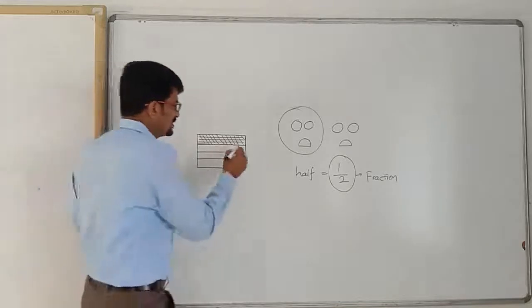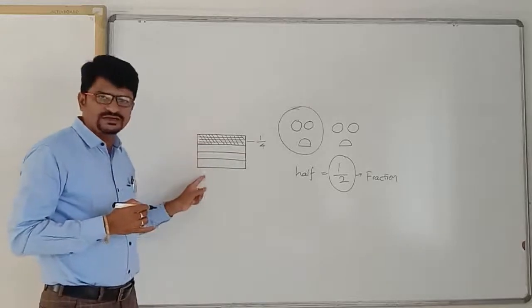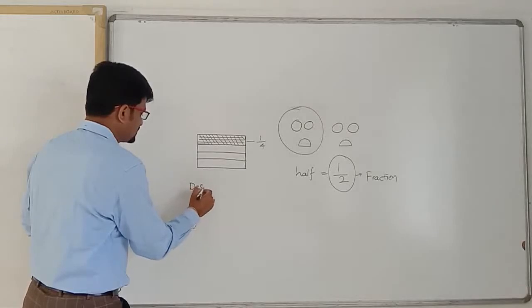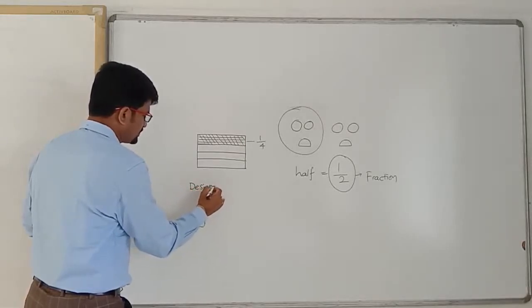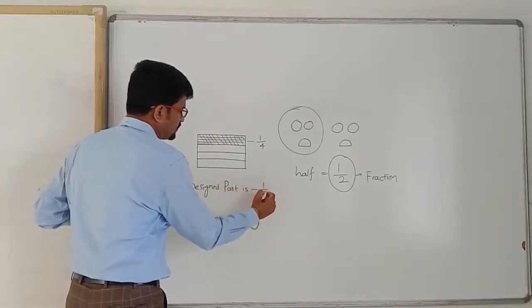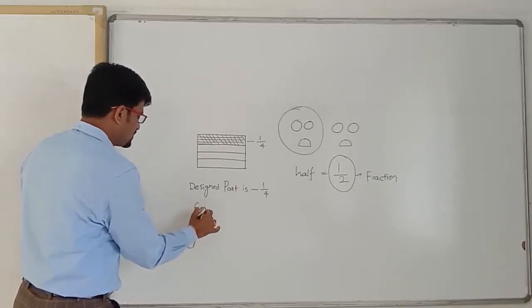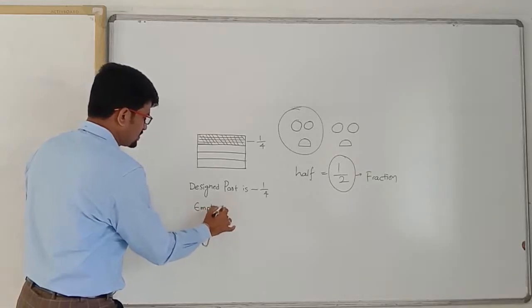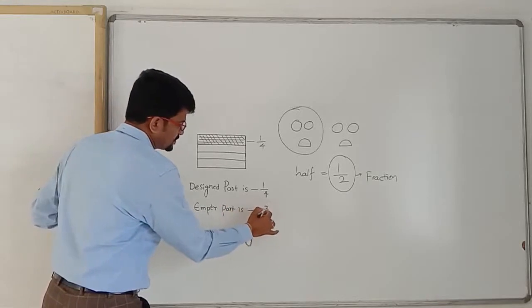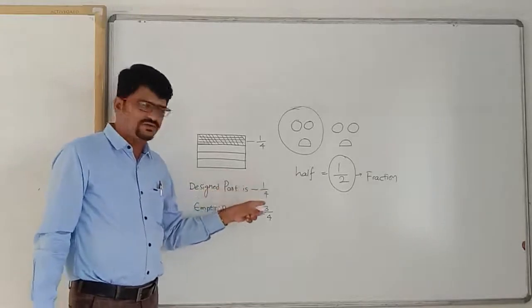So it can be denoted as total four parts now. In that, 1 part is the design part, which is 1/4, and the empty part is 3 by 4. Am I right? The design part is 1 by 4.